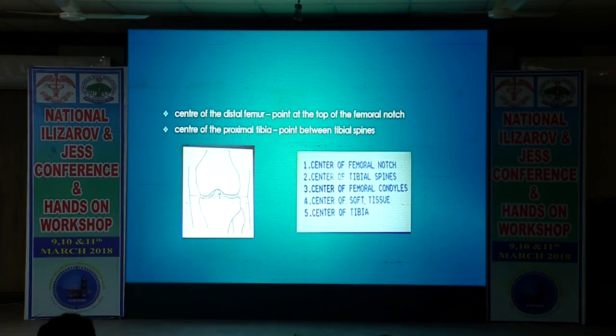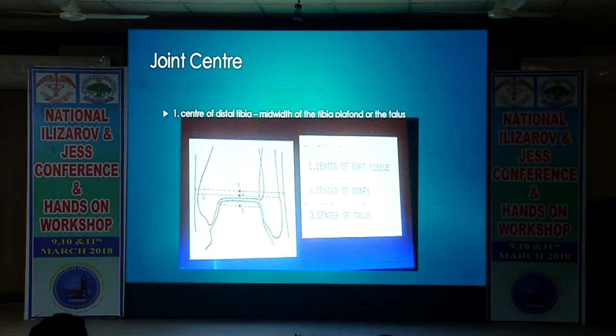The center of the proximal tibia is the point between the tibial spines. And the center of the ankle is the mid-width of the tibial platform of the talus. So again, that is not the tibia itself, it's actually the talus that is measured to define the ankle mid joint.